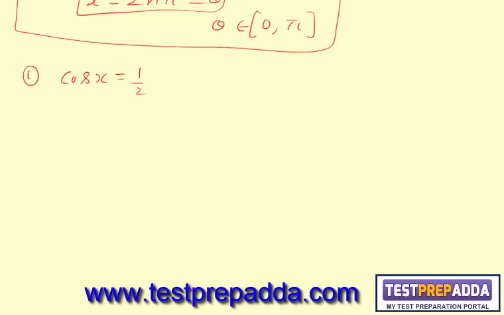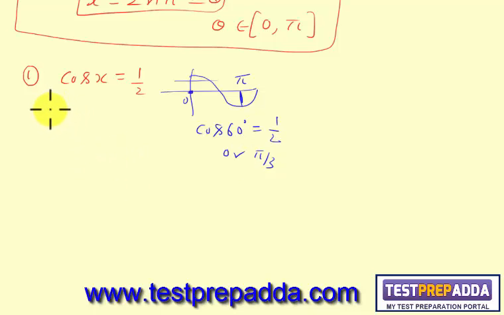As we know, between 0 to pi, cos x is equal to half for cos 60 degree, or you can say pi by 3. Okay, so I can write this as cos x is equal to cos pi by 3.